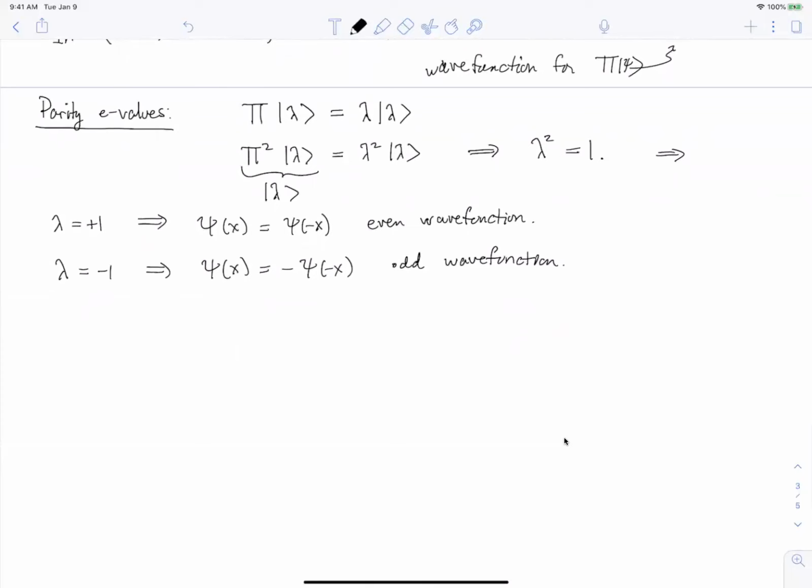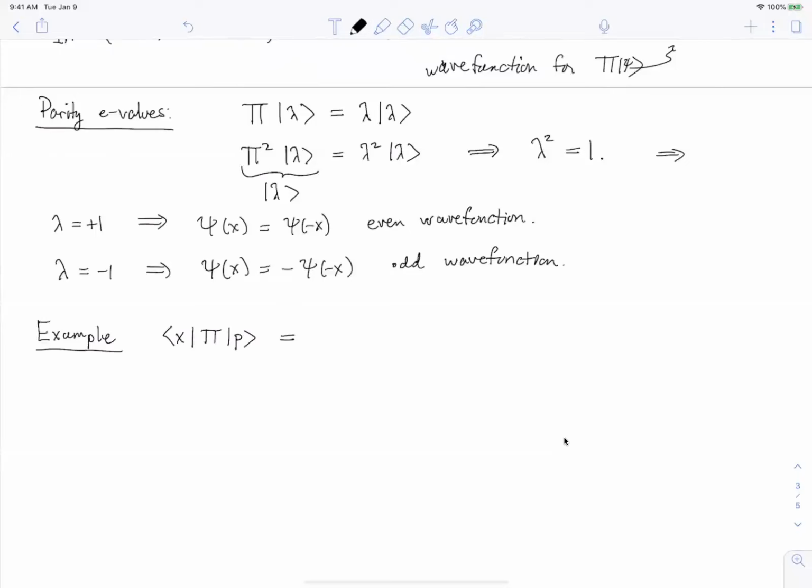As further examples, though, of how we can act with parity to compute matrix elements, let's say we consider the matrix element of a position eigenstate x with the parity operator with p.